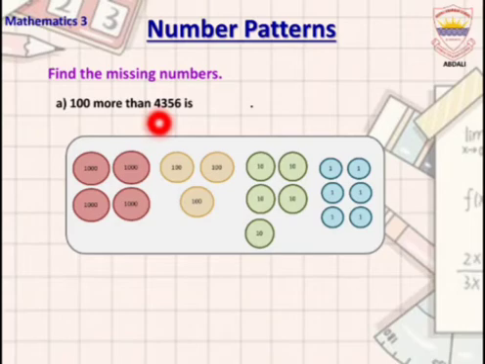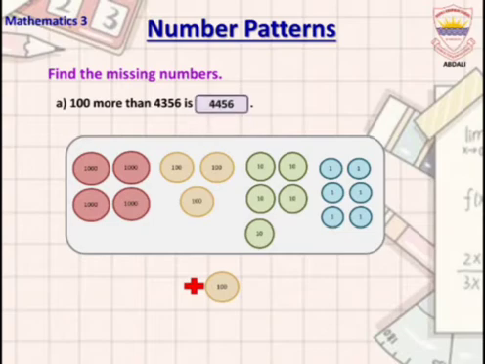Students, our question is 100 more than 4356. We add 100 in the 100 number disks. More than means we add 100.